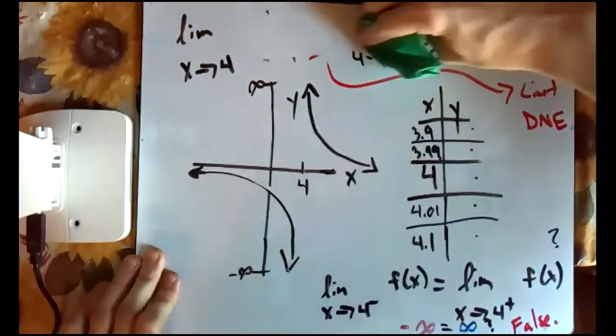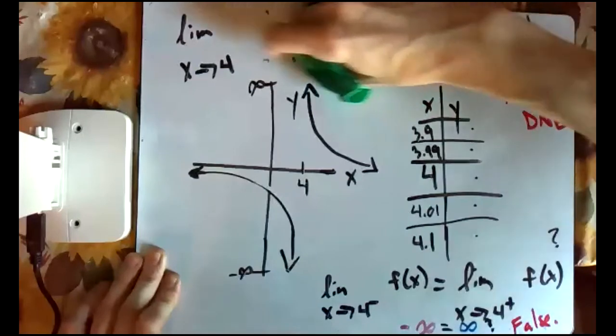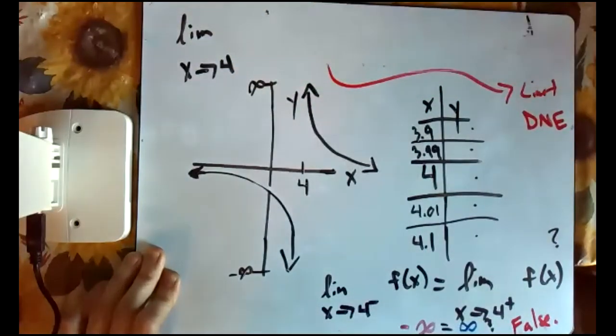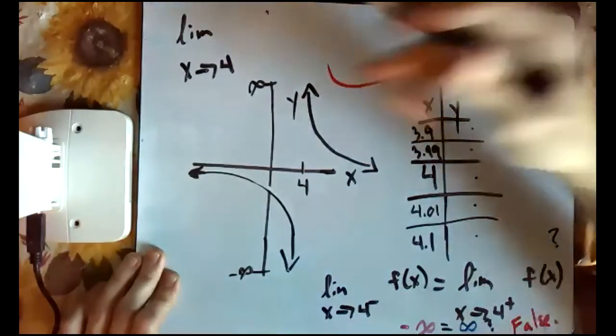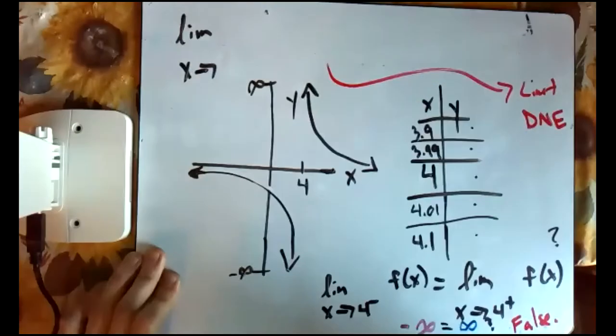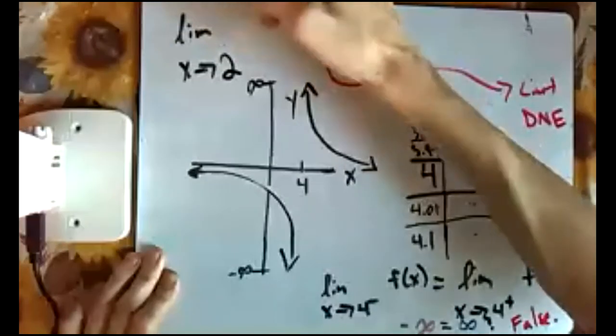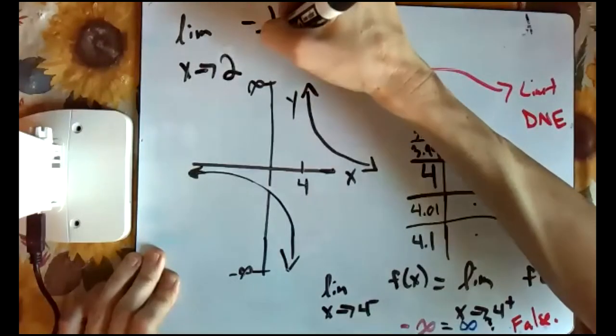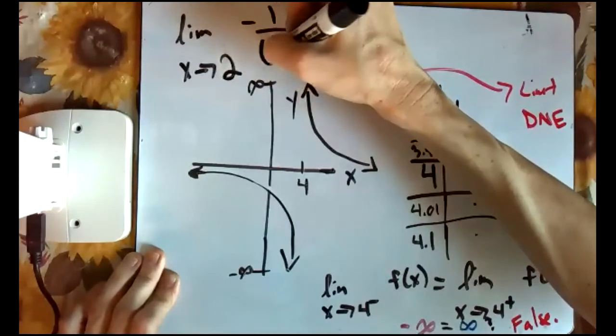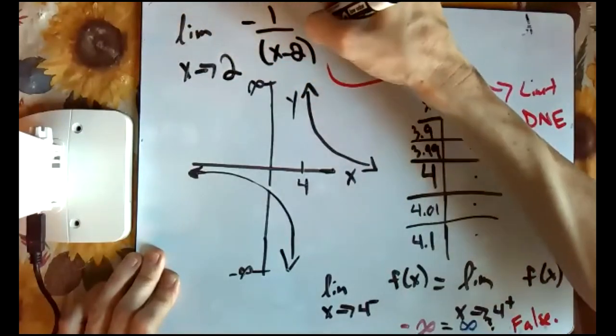I'm just going to erase the top right here. Let's look at the limit as x approaches 2 of -1 over (x minus 2) squared.